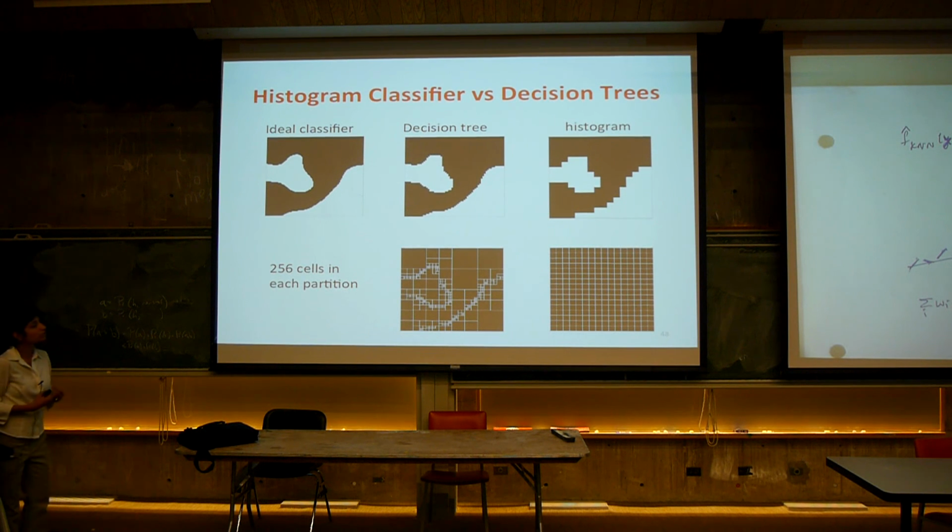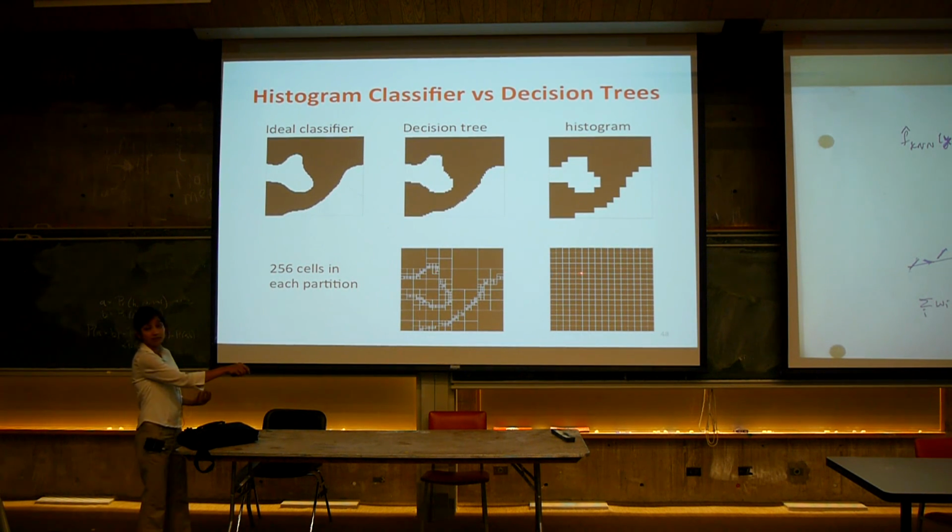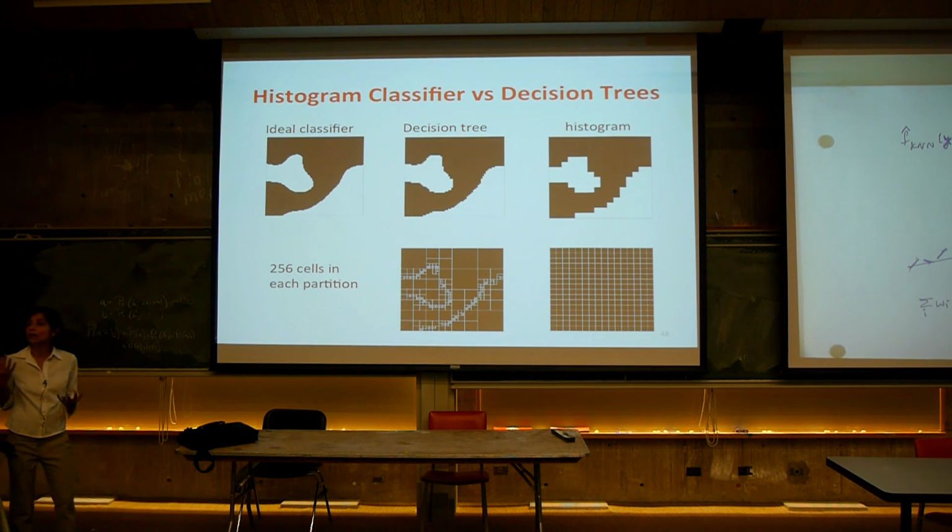But you see that because somewhere we go even finer than this, we are improving the bias near the decision boundary, and we are reducing the variance away from it. So that's why we get a much better overall error with decision trees than with histogram classifiers in general.